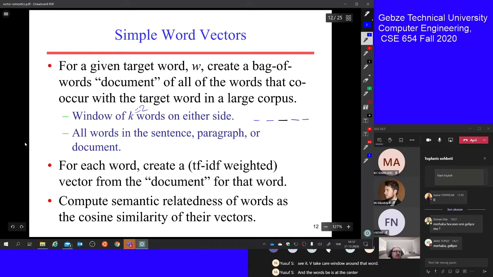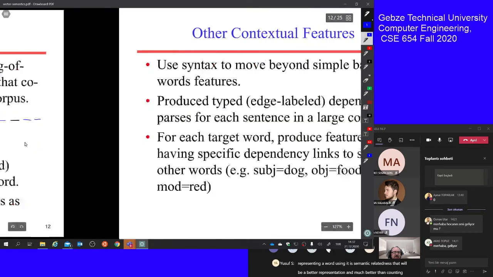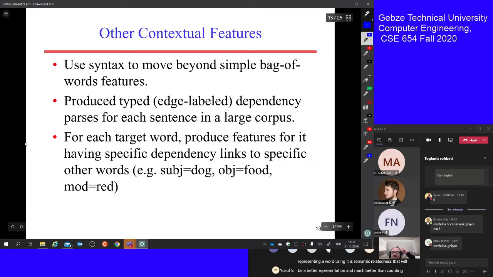So we form a TF-IDF weighted vector for that word. So we treat each word like a document. This is one way of representing a word using its semantic relatedness. That will be a much better representation than counting just the term frequencies.